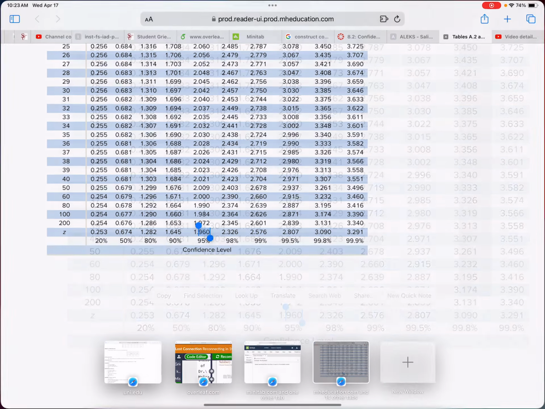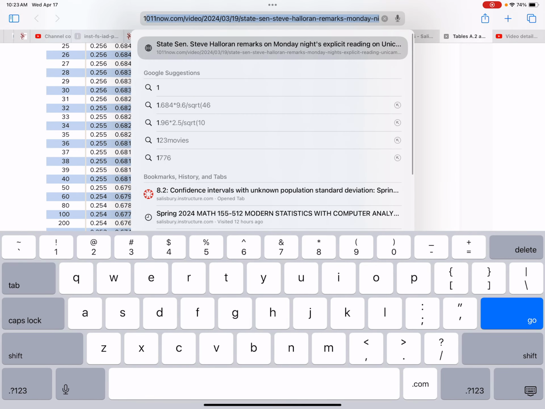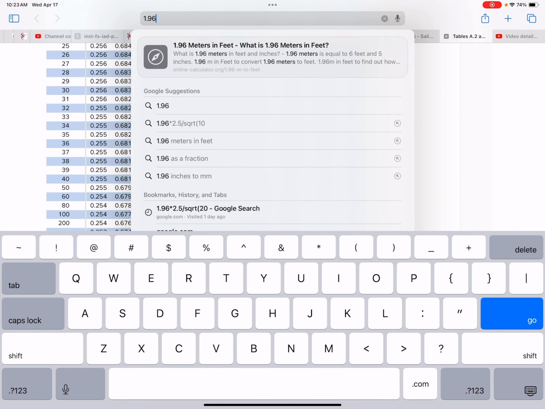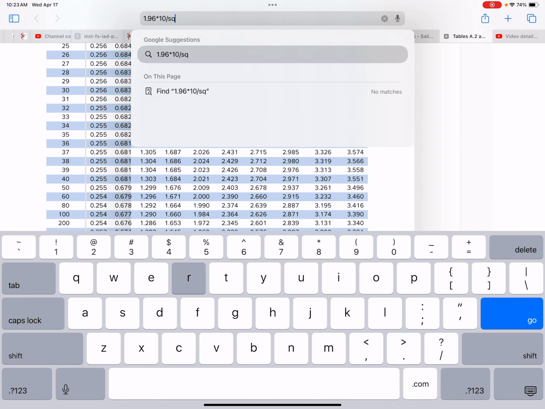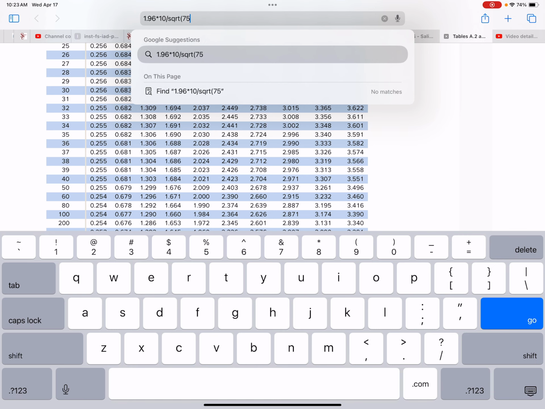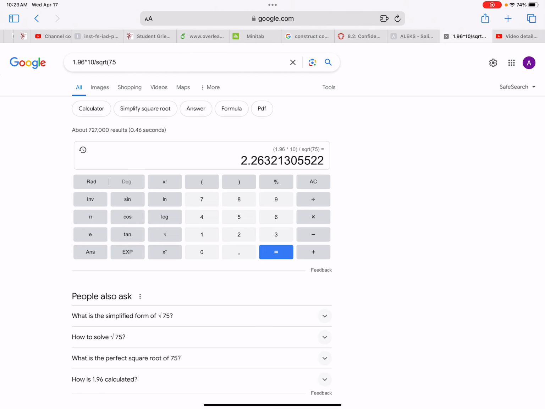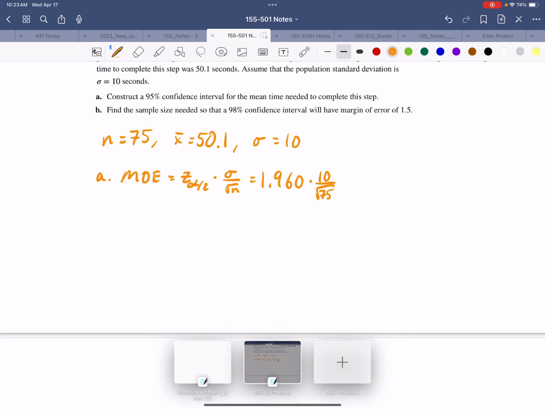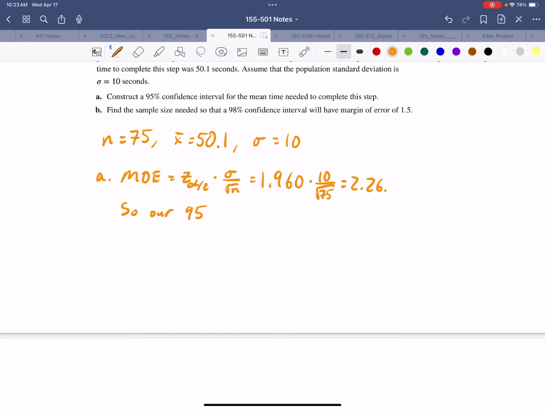Let's just calculate that very quickly. Let's do 1.96 times 10 divided by the square root of 75. That's 2.26. So our 95% confidence interval is 50.1 minus 2.26 to 50.1 plus 2.26.